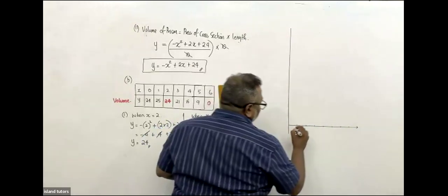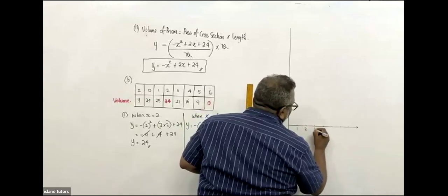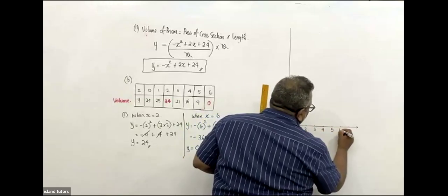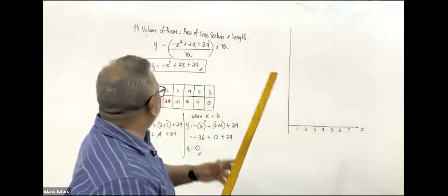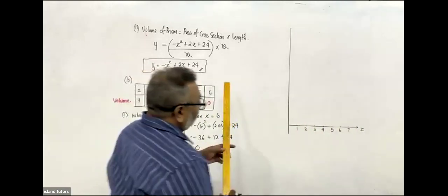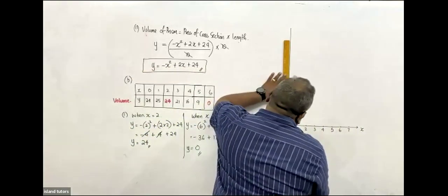Right? So x-axis 1, 2, 3, 4, 5, 6, 7. The y-axis should go up to 25. So how do I do that?